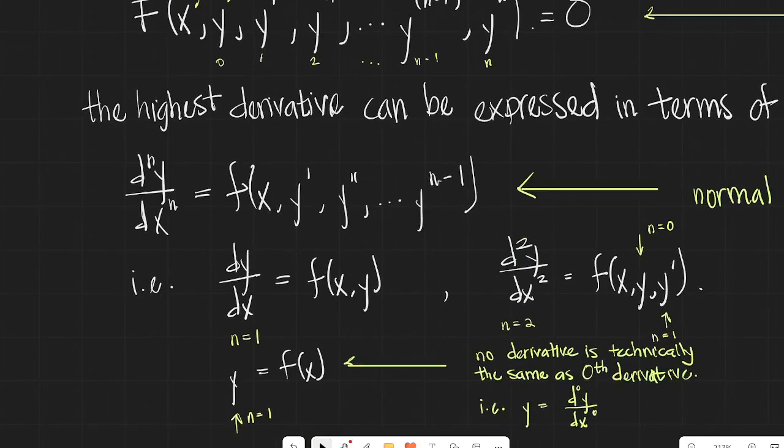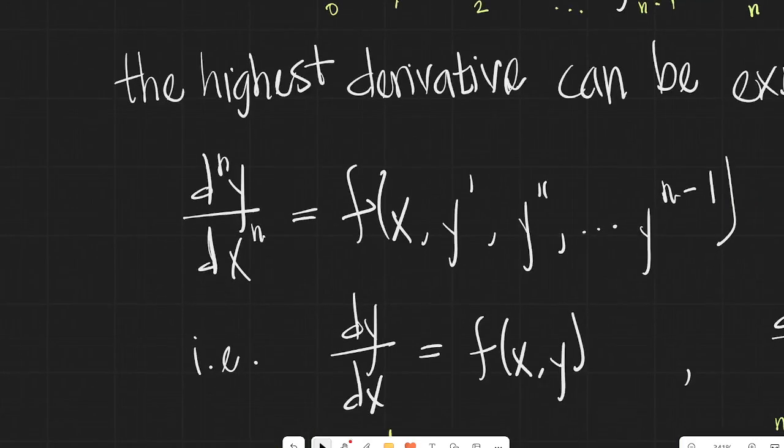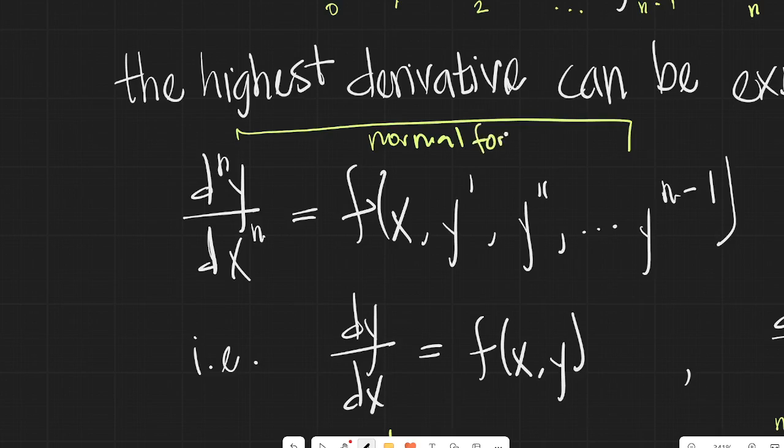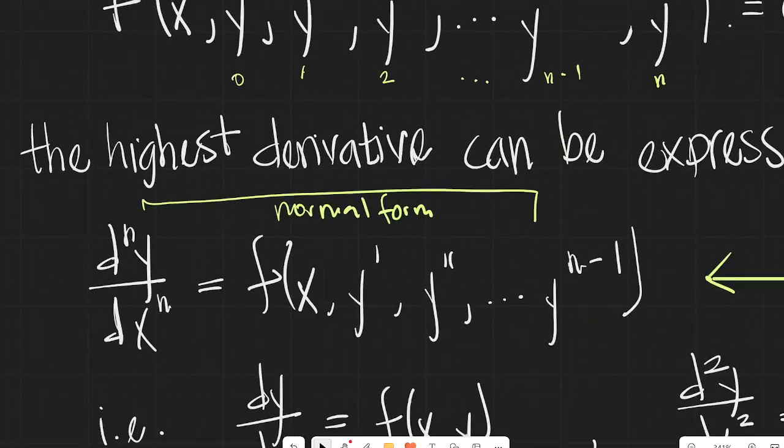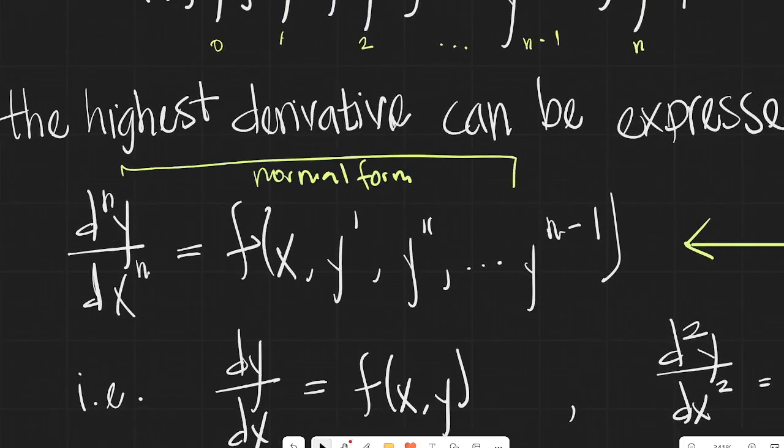This is called the normal form of this above equation here. So the small f is basically used to define the highest derivative in terms of the independent variable and the remaining n minus 1 derivatives.